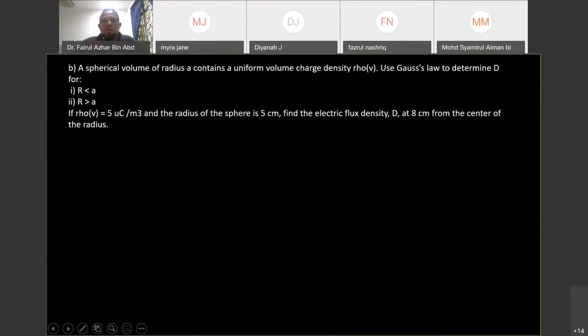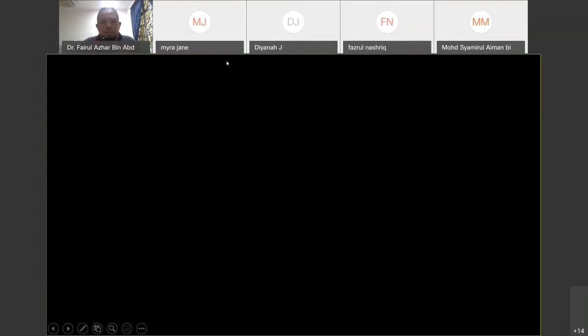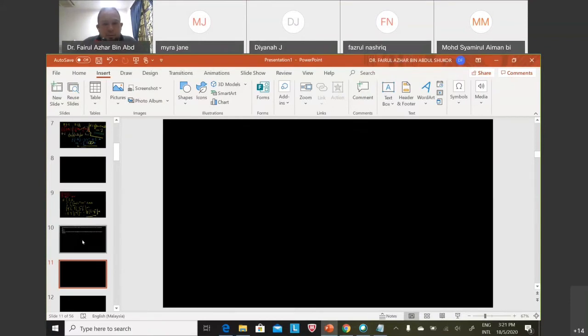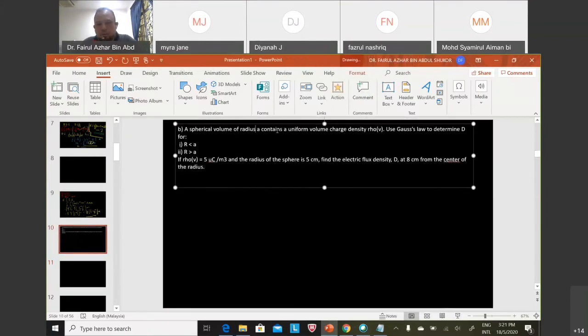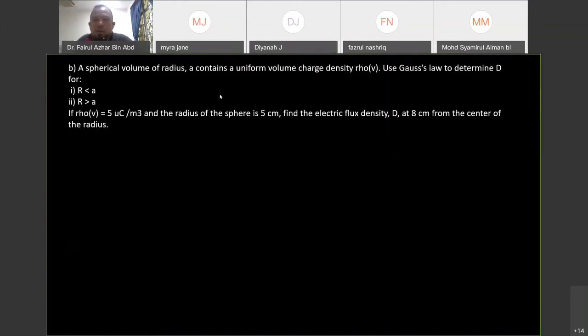A spherical volume of radius a contains a uniform volume charge density rho v. Use Gauss's law to determine D for r less than a and r greater than a.